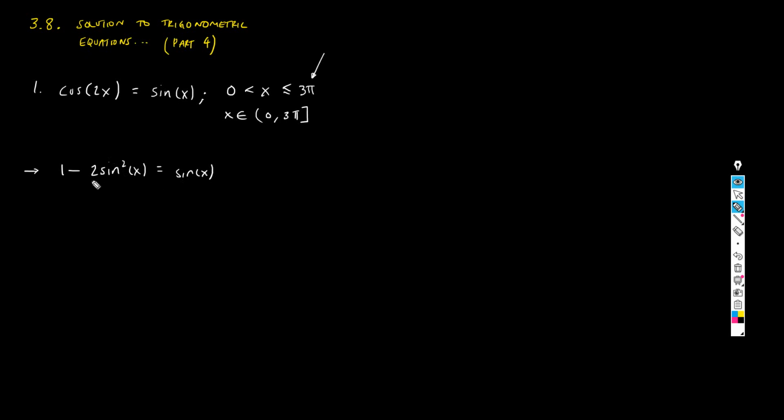By using that particular substitution, guys, we can see that we have only the function sine, and we have its square, and then we just have sine, and then we have a constant term. So this gives me the feeling that in the end, let me throw all the terms to the left.